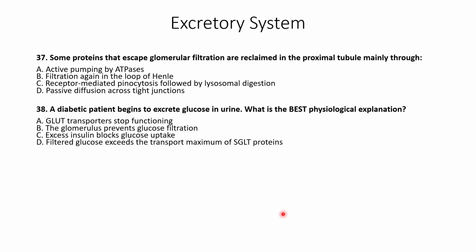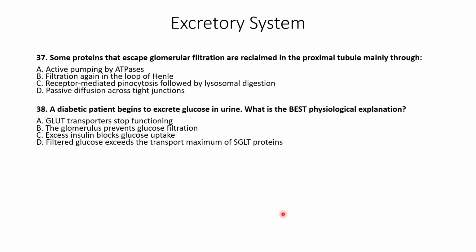So all of these carriers that bind to glucose and move it through, there is a surplus of glucose. There's too much glucose left over, and that is not able to be reabsorbed from the filtrate. And so you have much more glucose than the number of SGLT transporters that are able to do this job. That's why you have glucose left over in the filtrate that then goes in the urine.